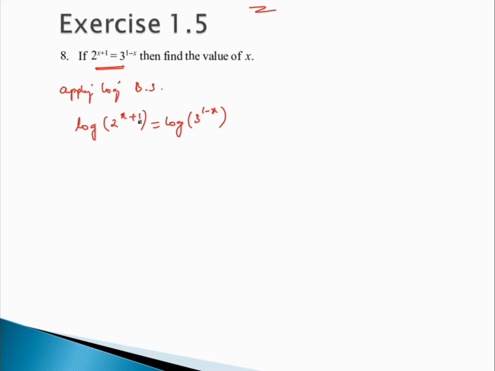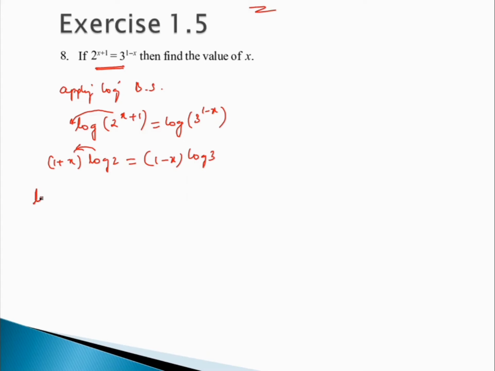3^(1-x). So when I'm having this type of sums, solve this. See, I'm taking this power here. I'll get (1 plus x) log 2 equal to (1 minus x) log 3. Now I'm doing the multiplication.